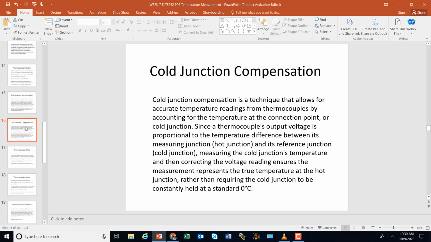But what we're going to do is cold junction compensation, a technique that allows for accurate temperature readings by accounting for the temperature at the cold junction. The output voltage is proportional to the difference between the hot junction and its reference cold junction. We're basically going to electronically adjust or give it a little bit of an offset to account for that, instead of having to keep it at 0 degrees.